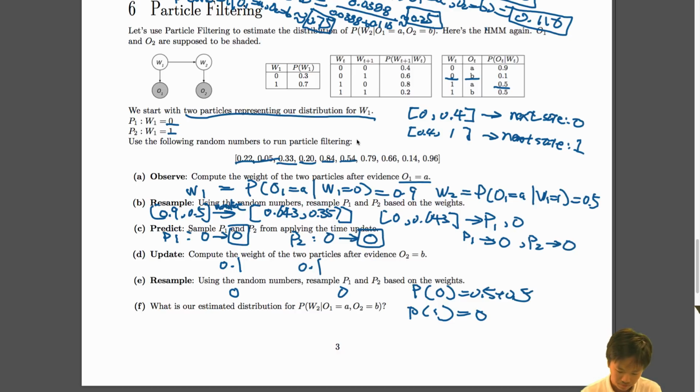So now in part F, we ask what is our estimated distribution for hidden state W2 conditioned on O1 is A and O2 is B. Oh, by the way, sorry about the confusion in notation here, because this should be the weight of particle 1, and this is the weight of particle 2.